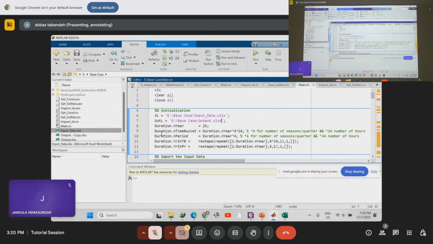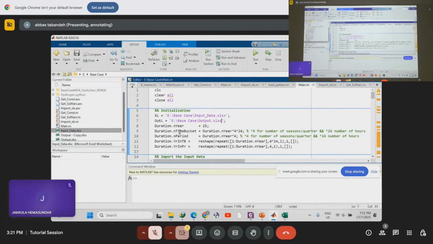In addition to years, we need to define the time bucket or snapshots of our operation. As we said, we considered 4 seasons or quarters, and 1 day, 24 hours, as a representative of each month.